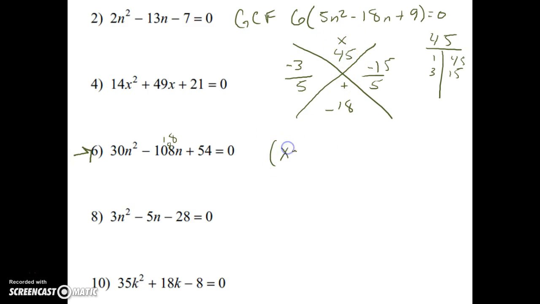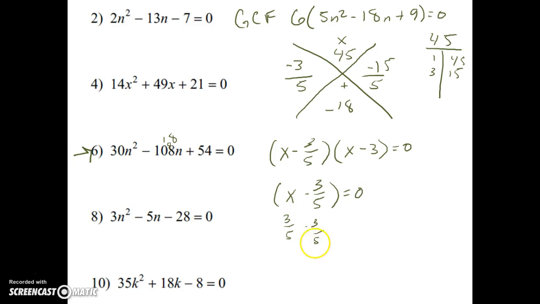I have x minus 3/5, and I have x minus 15 divided by 5, which is 3. That equals 0. I can take each factor and set it equal to 0. For x minus 3/5, 3/5 minus 3/5 equals 0, which makes that one true.